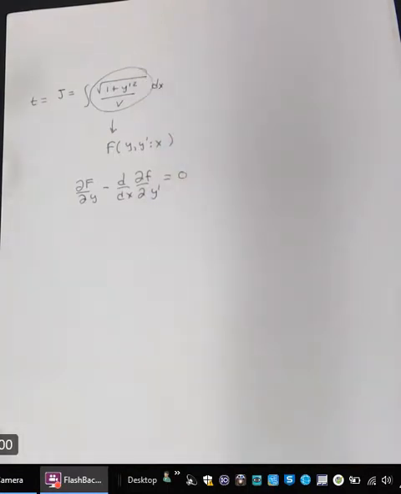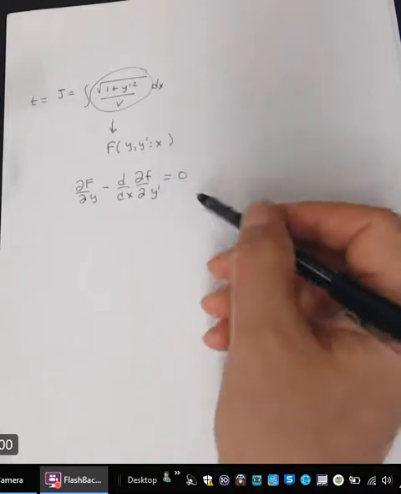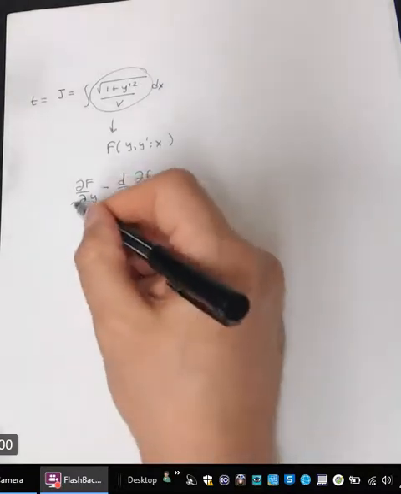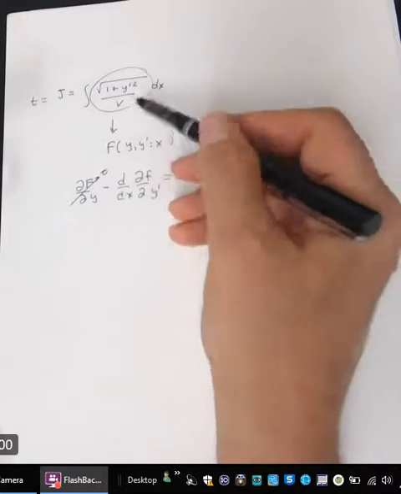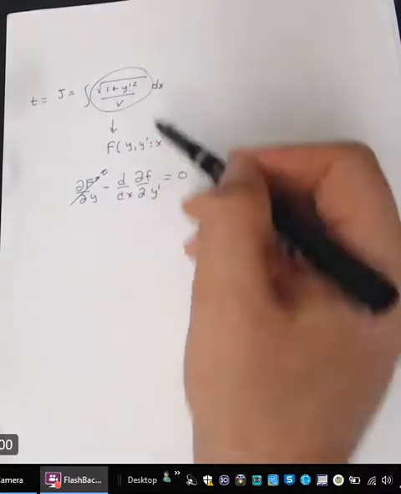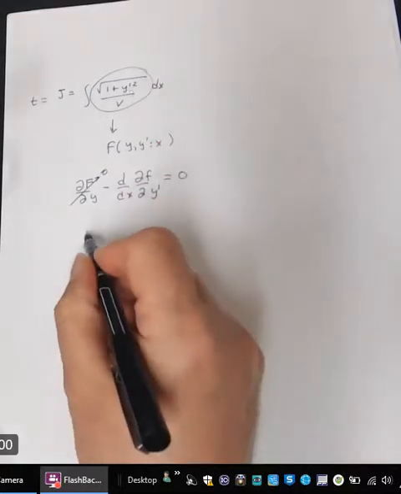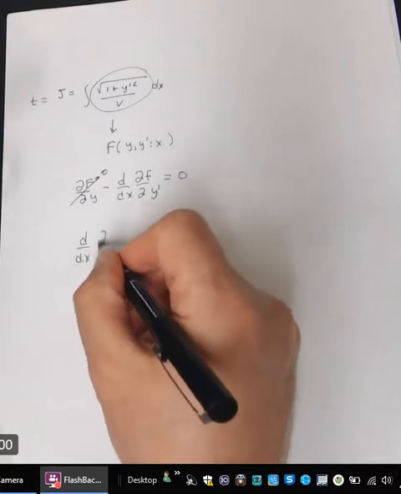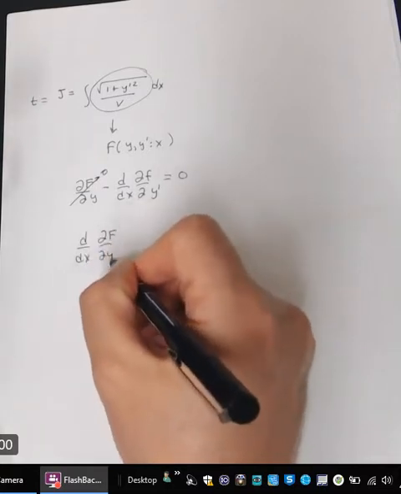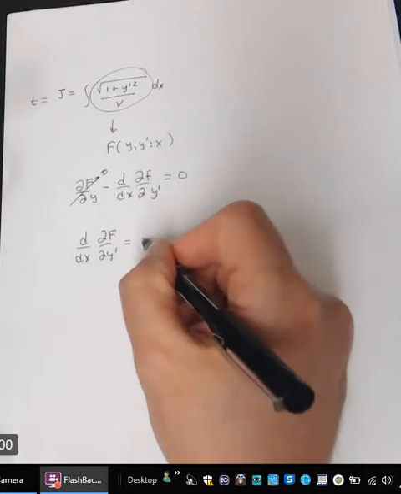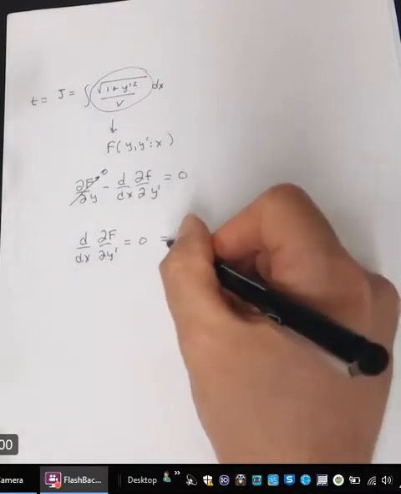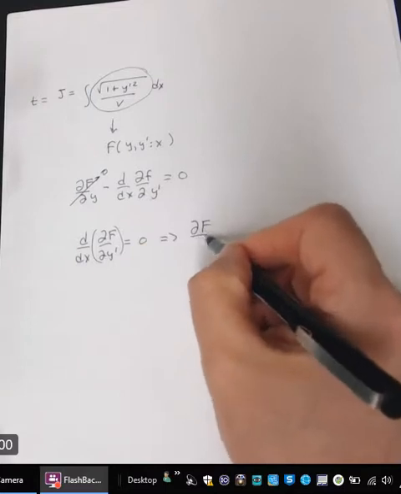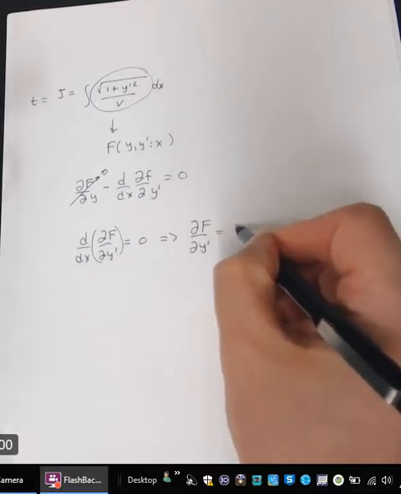So again, this is necessary to have a minimum time here. So this is 0 because f does not explicitly depend on y here. So what we have is that d dx of the partial of f with respect to y prime is equal to 0, and that implies that the partial of f with respect to y prime is a constant.